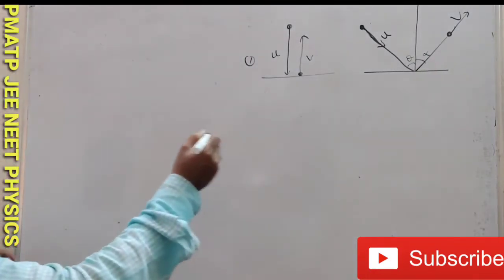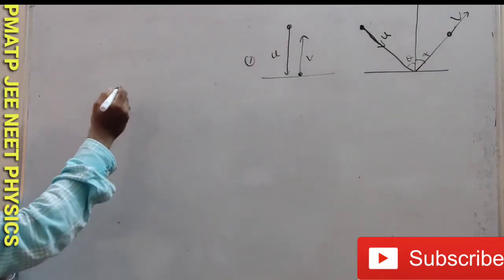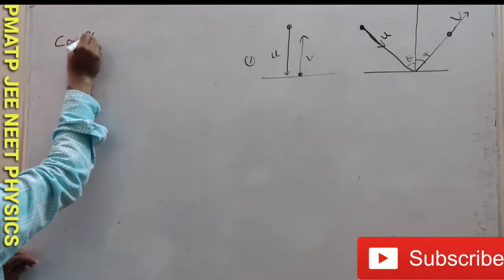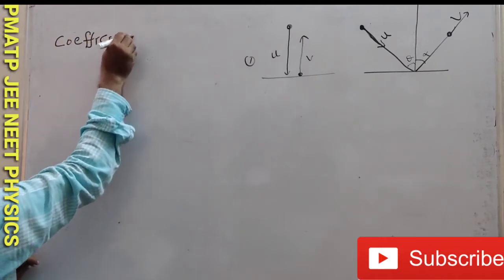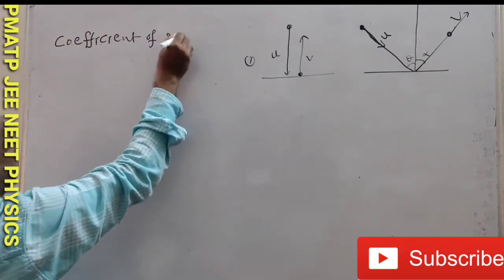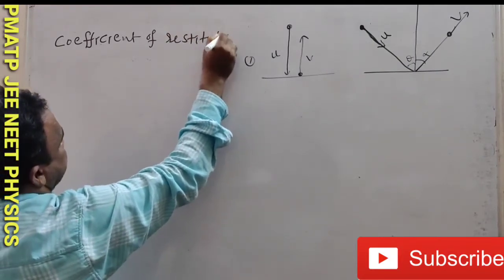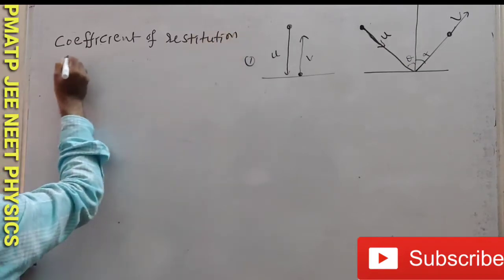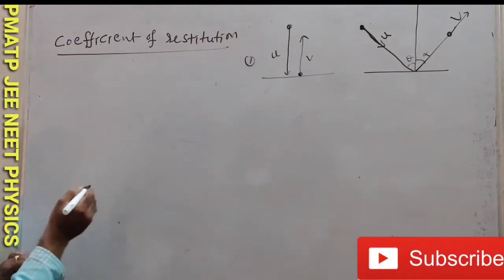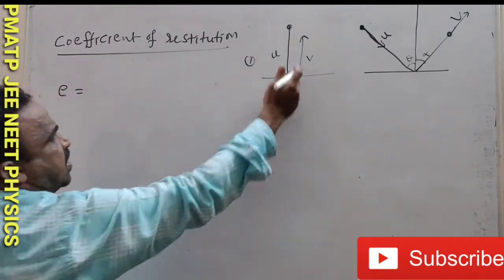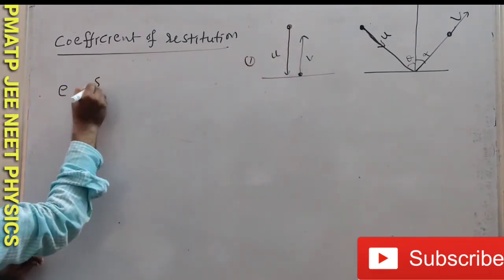See, for case 1, coefficient of restitution can be defined like this: e is equal to separation velocity by approach velocity.